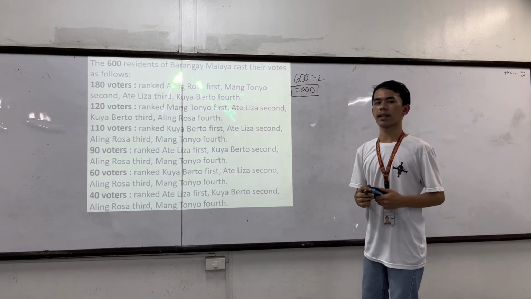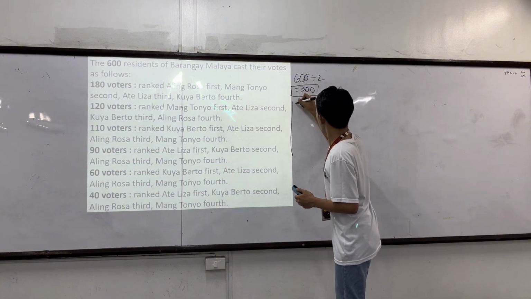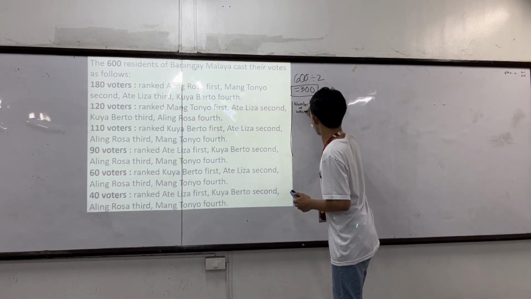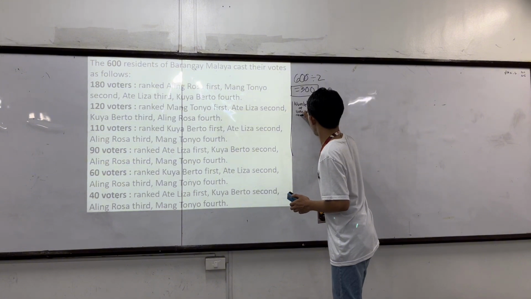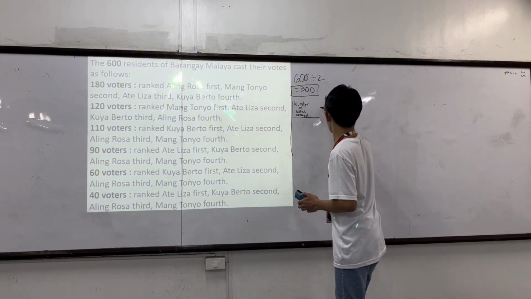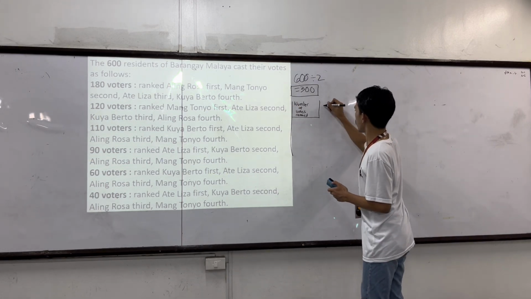So now let's make a table. Number of votes and rank of the candidate. So there's 180 votes.